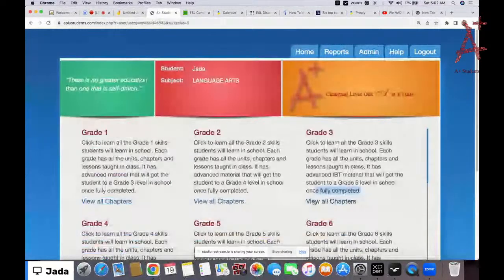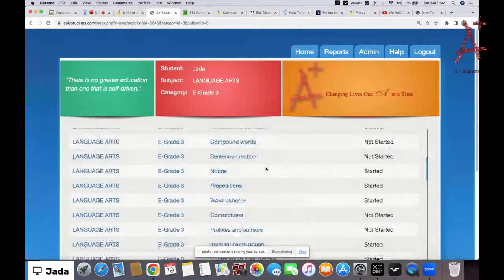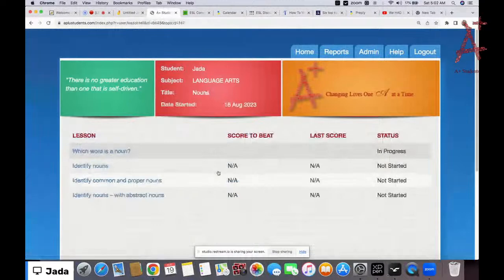All right, so we are on to grade 3 now, and our topic for today is nouns. We have 4 lessons on nouns, and we'll try our best to complete all of them today.